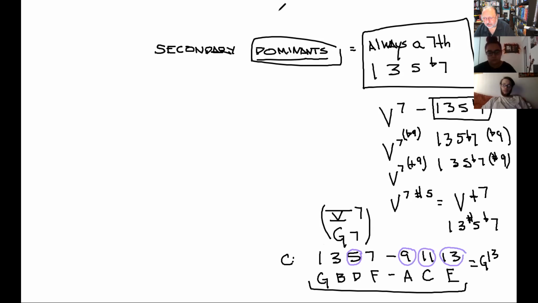The ones that you don't modify to keep it a dominant chord are the major third and the flat 7. So those two, you have to retain the 3 and the flat 7 to keep it as a dominant chord. So for dominant, the main tones are 3 and flat 7.